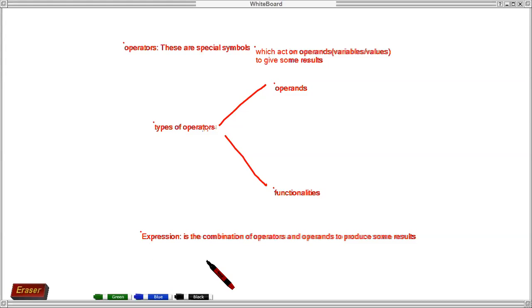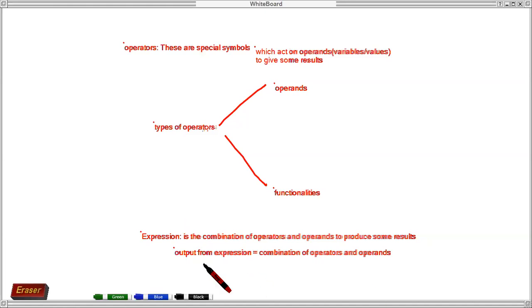If we summarize this entire thing in short, we can write that the output from an expression is equal to the combination of operators and operands.